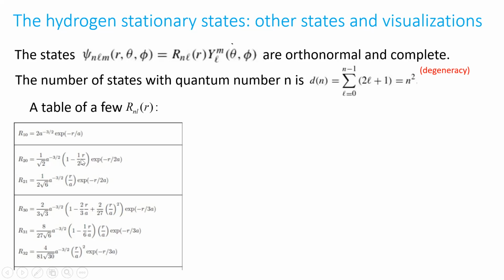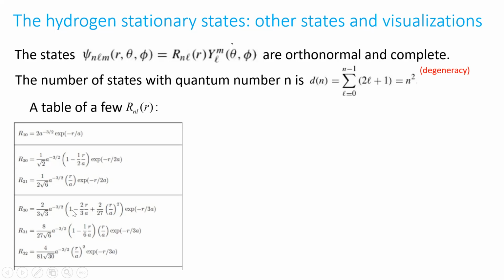Of course, it's a different polynomial for different values of L. Once we move up to n equal 3, we get e to the minus r over 3a. So you can see the pattern here. We have a, 2a, 3a, and then 4a for n equal 4, etc. And then the polynomials get of higher degree.